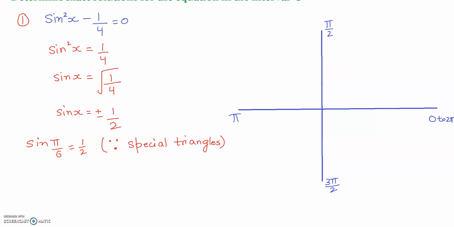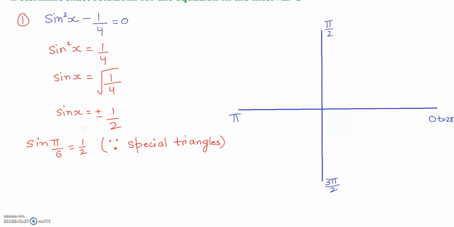So what we're going to do is place pi over 6 into each quadrant, and we can tell that sine x is equal to plus minus 1 over 2. That means x is pi over 6. However, we have plus and minus.